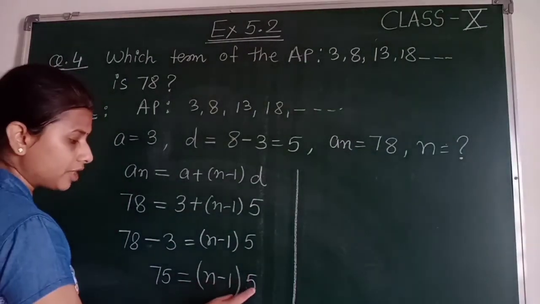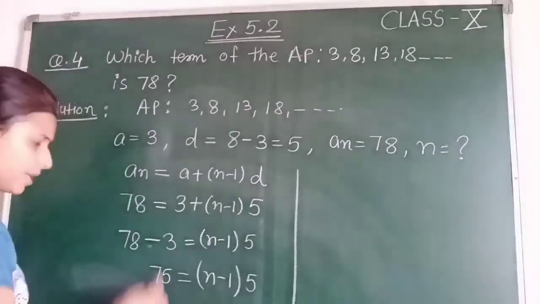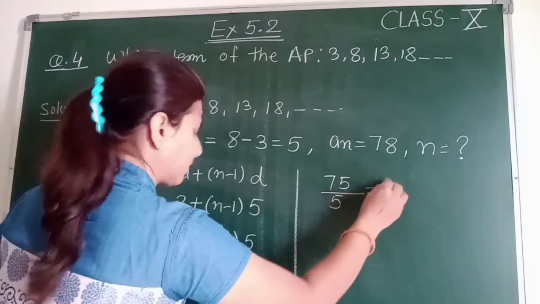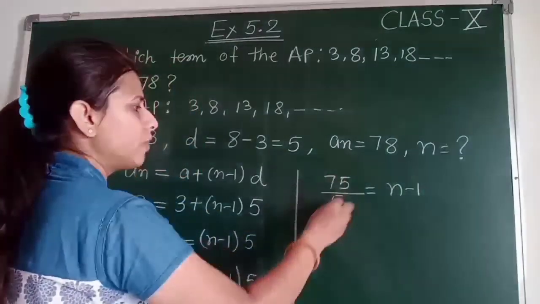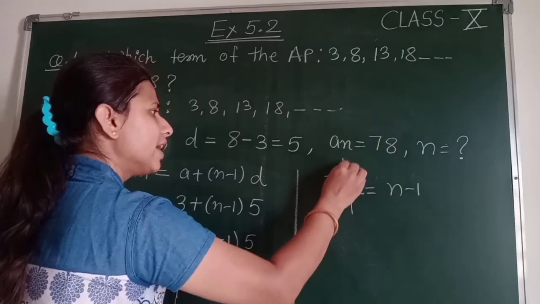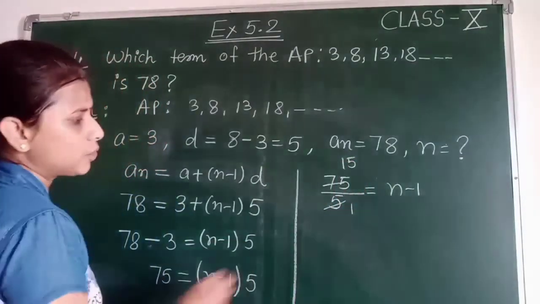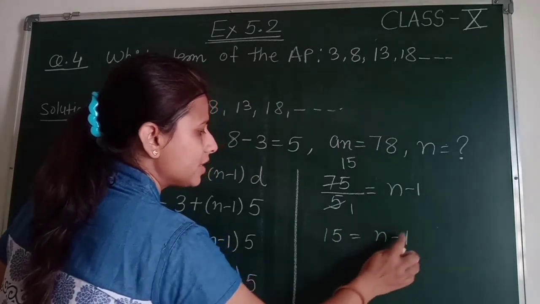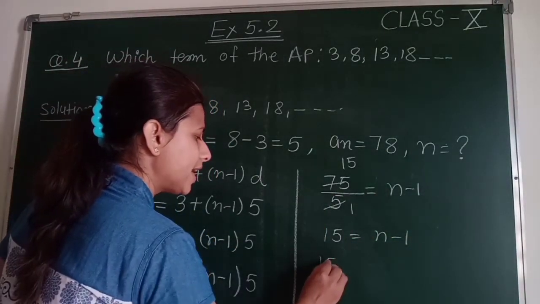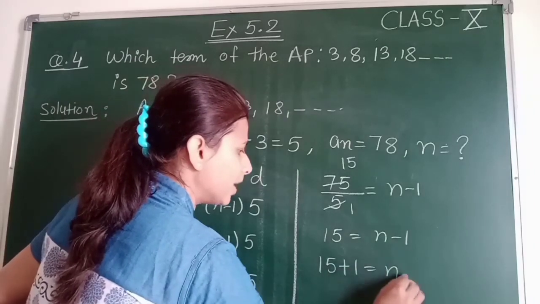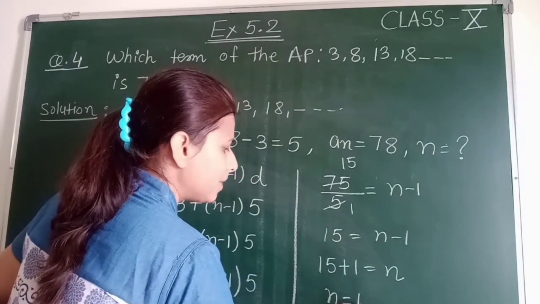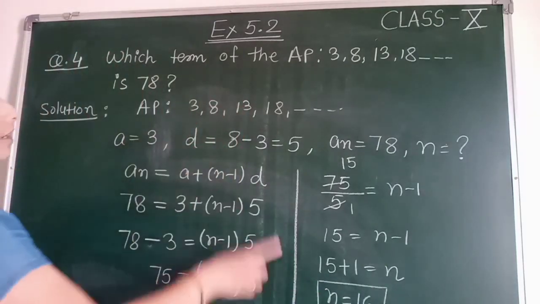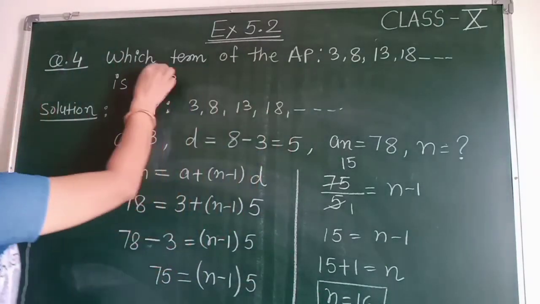So we will shift this 5 from the right hand side to the left hand side. It will come in the denominator, n minus 1 as it is. Now we will cancel this out. 5 ones are 5, 5 ones are 5, 5 5s are 25. 15 equals n minus 1. Now we will shift this minus 1 to the left hand side and we will get 15 plus 1 equals n. n equals 15 plus 1, it means 16. It means the 16th term of this AP will be 78.